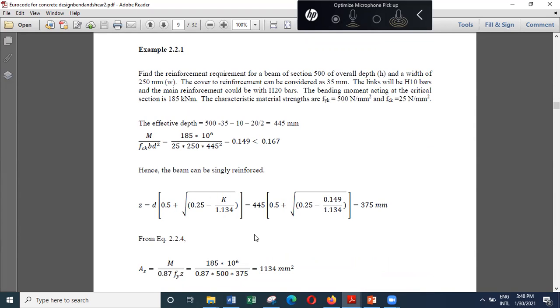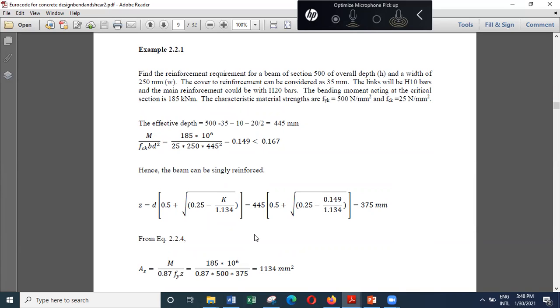And then when you calculate this, you will end up with 0.25 minus 0.149 divided by 1.134, and you take the square root of that plus 0.5.